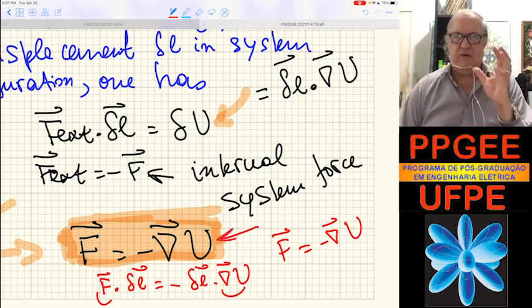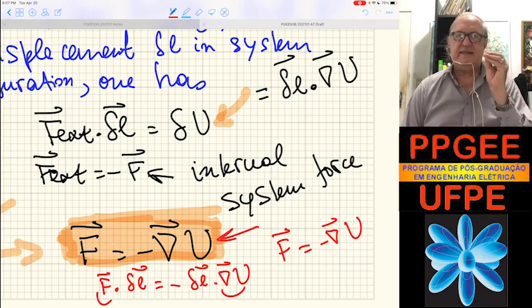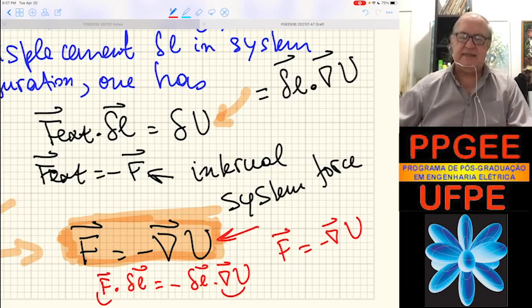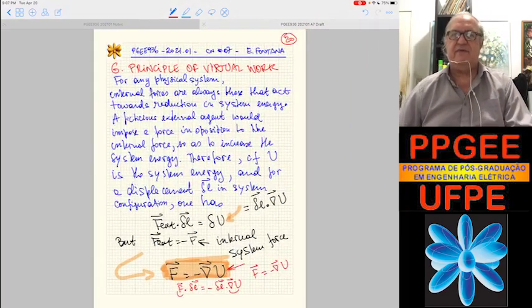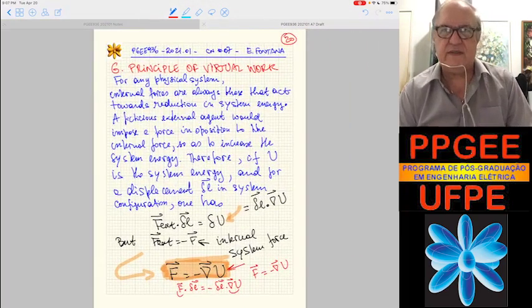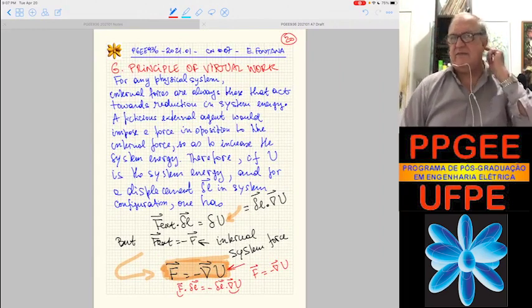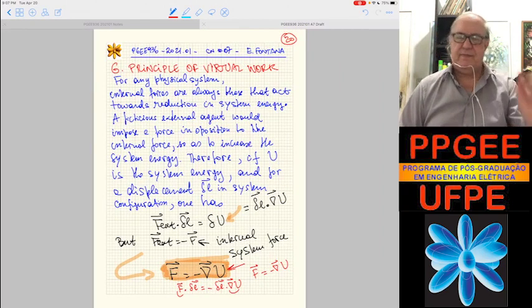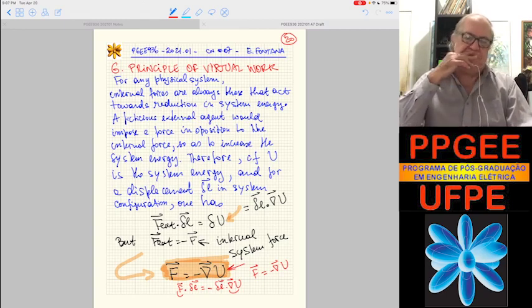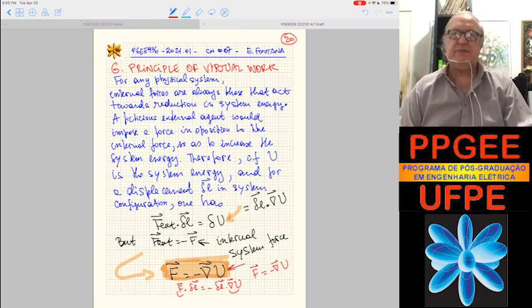So the internal force is that which is related to the energy by minus gradient of u. That's the criterion we have to determine forces in parts of a system, okay? So this is the principle of virtual work.